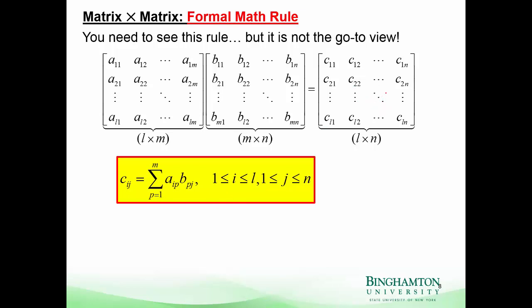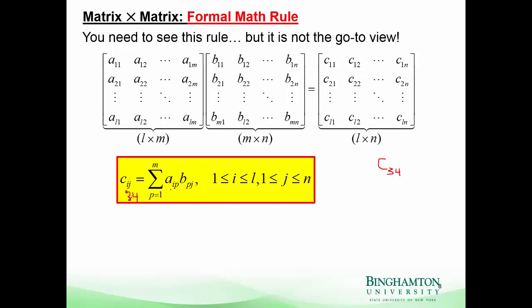So let's imagine that we're going to do some element here, maybe C3,4. And so now what are we going to do? So we need C3,4 here. So I is 3, J is 4.